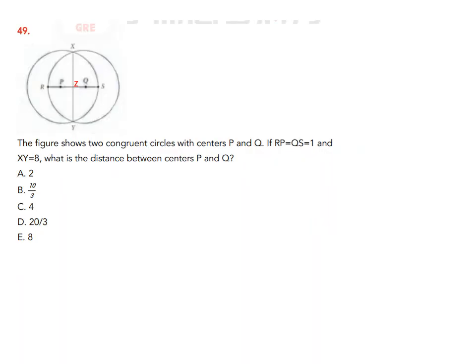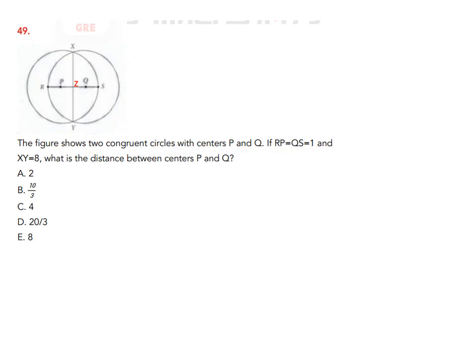Then question number 49. The figure shows two congruent circles with centers P and Q. If PR equal to QS equal to 1 and XY equal to 8, what is the distance between centers P and Q?